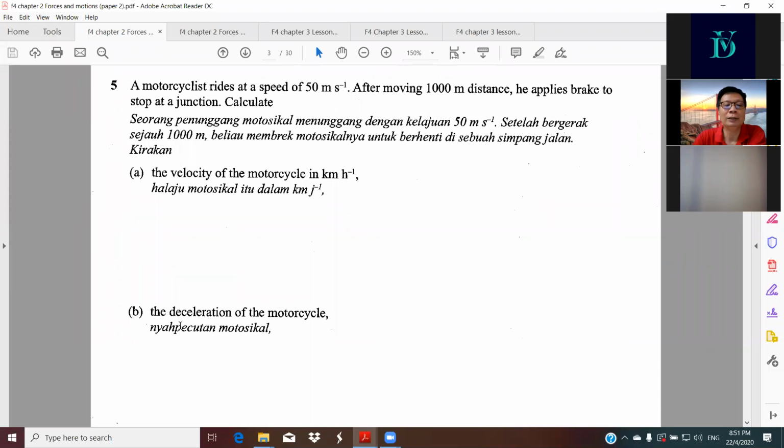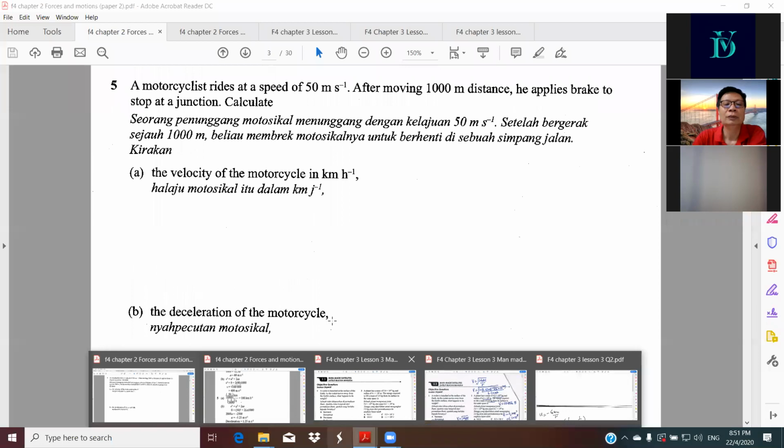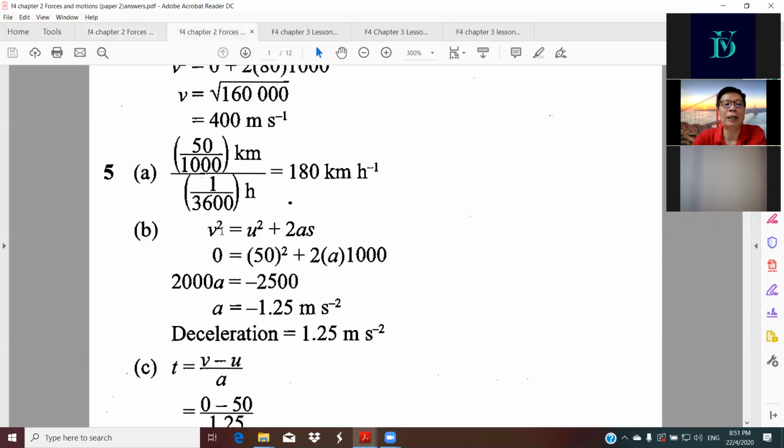So to find a, the deceleration, this is a common formula: v squared equals u squared plus 2as. Final velocity v is 0 because the motorcycle finally stopped, right? Initial velocity 50. Displacement is 1000. So solve this equation and you get the answer.